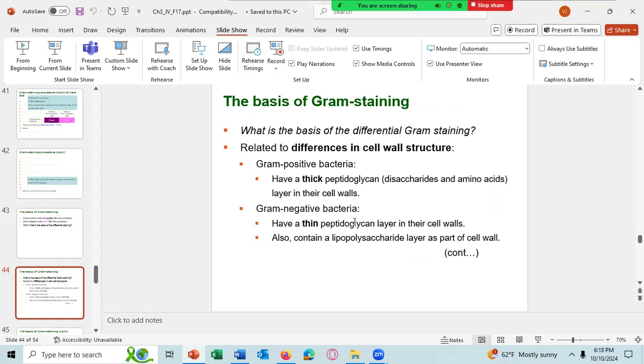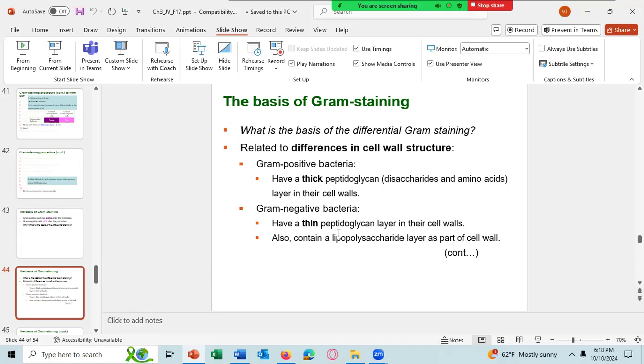The gram-negative cells, if they have a cell wall, have a thin peptidoglycan layer. This thin peptidoglycan layer is not thick enough to retain the crystal violet iodine complex. So it washes out of the cell.